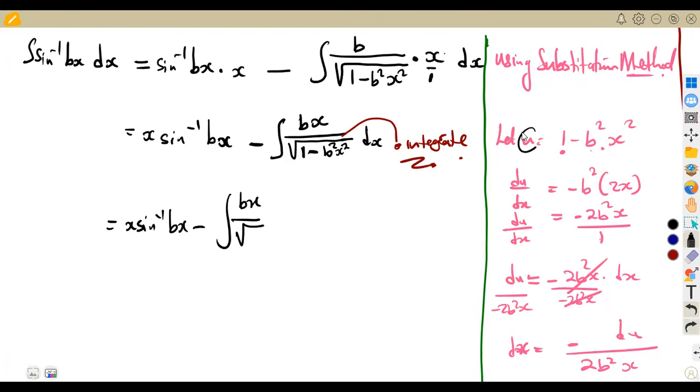Remember, we said let u be equal to 1 minus b squared x squared. So this is the square root of u times dx, and our dx, we got minus du. So I'm just going to do this stage by stage. I know I'm not supposed to do it like this, but I'm just going to do it stage by stage so that we all understand this question.